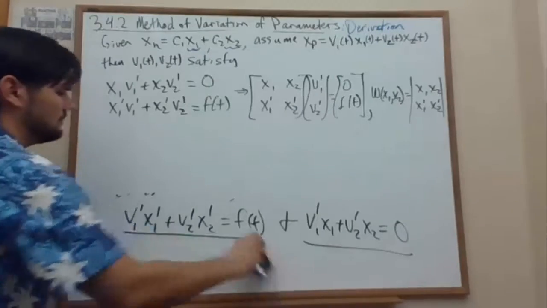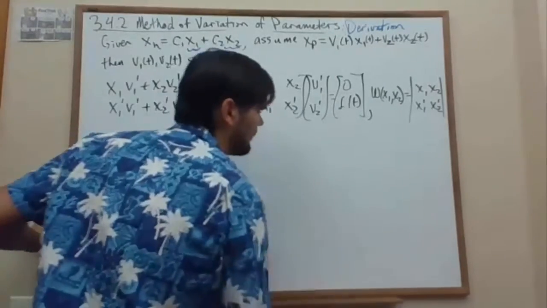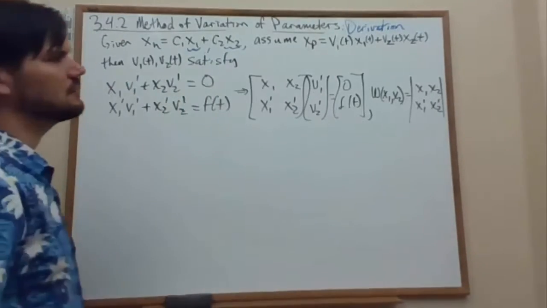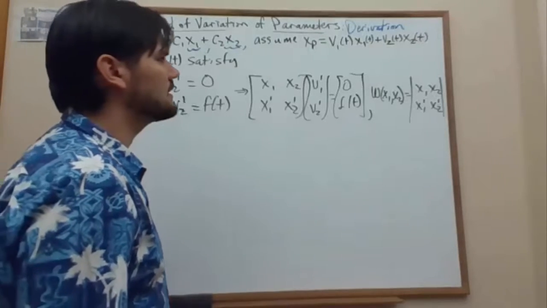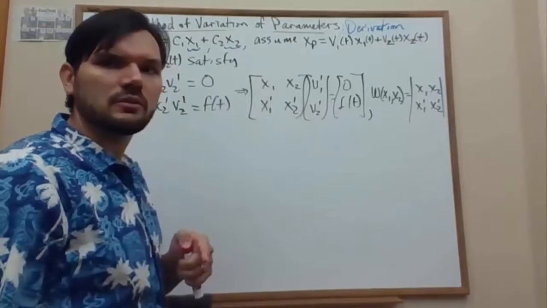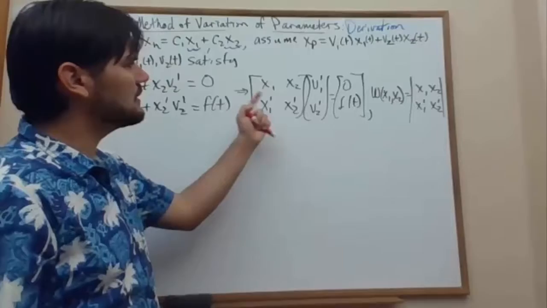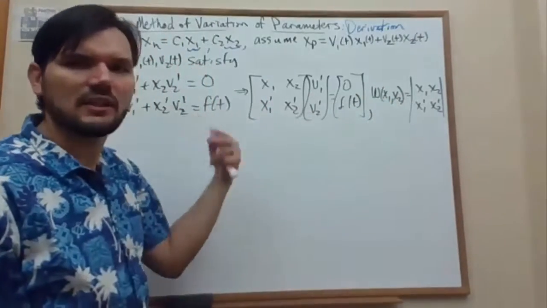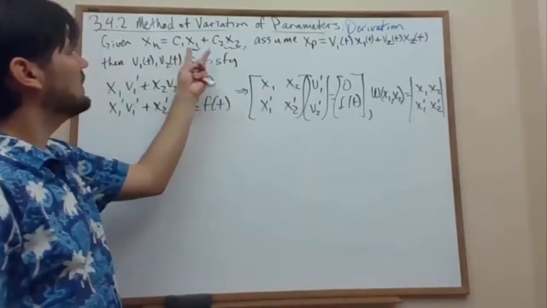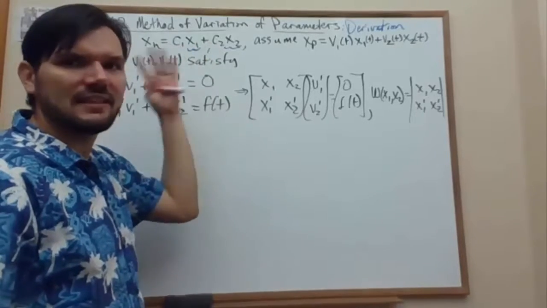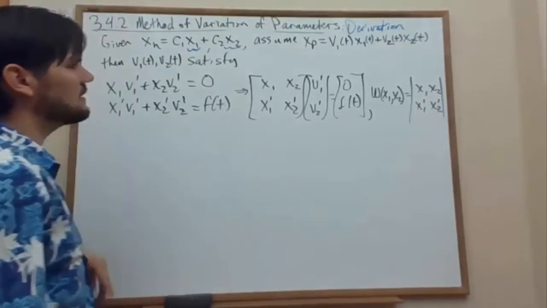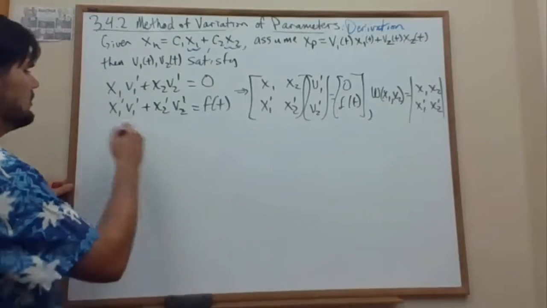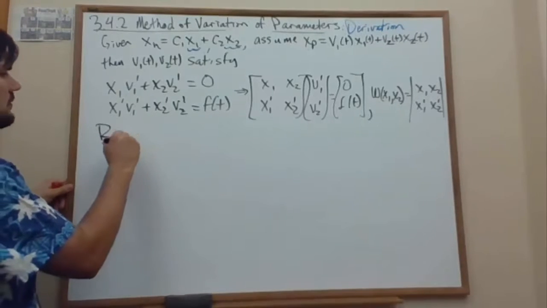Now, how do we solve this linear system? We can use Cramer's rule. Why? Because we know this Wronskian is non-zero, because our x1 and x2 come from linearly independent solutions in the homogeneous solution space.